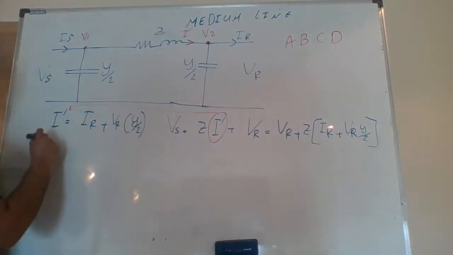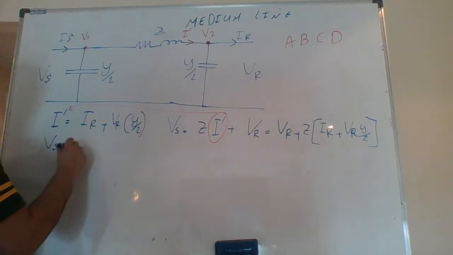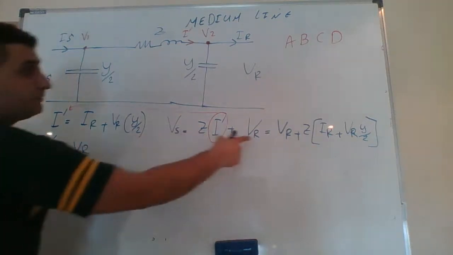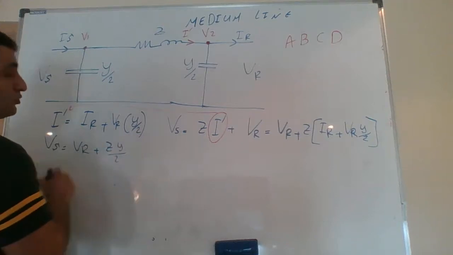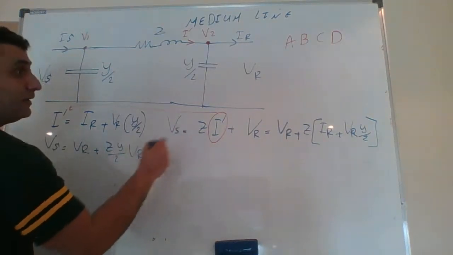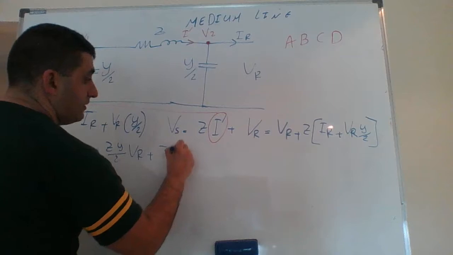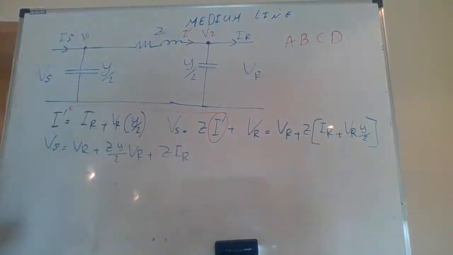Now I can say that Vs will be equal to Vr plus ZY over 2 Vr plus Z Ir.